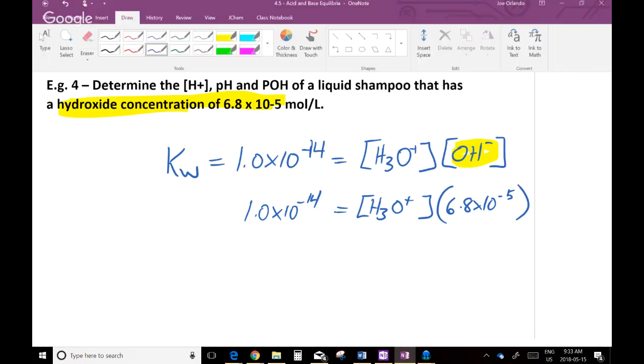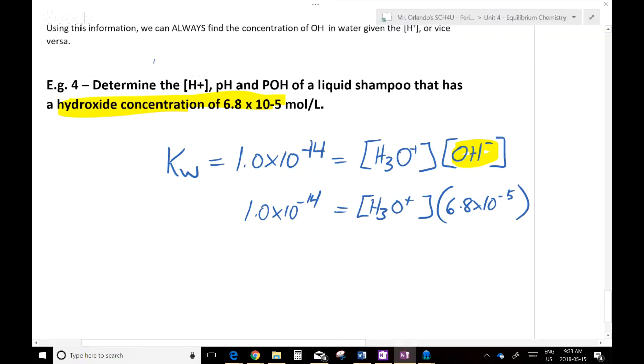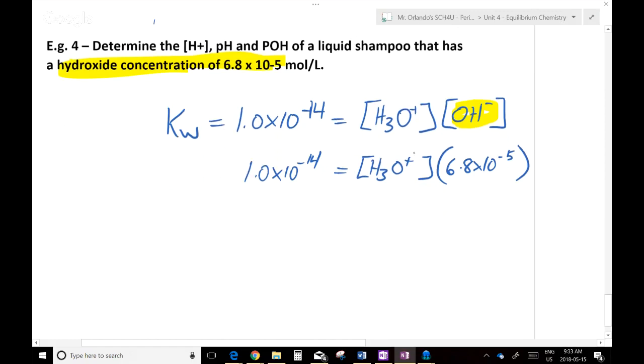What would I do then if I want to solve this? I want to isolate this, so I divide this by 6.8 times 10 to the negative 5. And of course, what I do to one side, I do to the other.